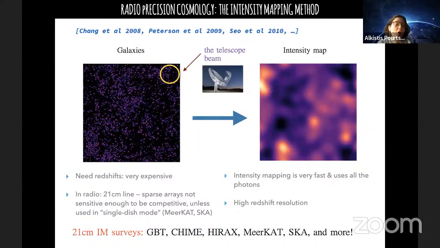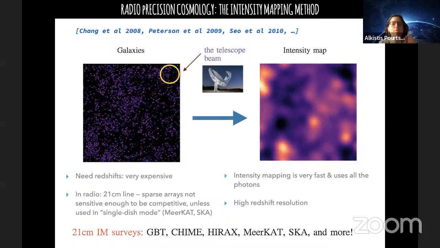With smaller things like MeerKAT and SKA phase 1, the arrays are sparse and they don't have enough sensitivity to detect with confidence the tens of millions of galaxies you need in a large area of the sky to do cosmology. What you want to do instead of using them as interferometers is to use them in the so-called single dish mode.